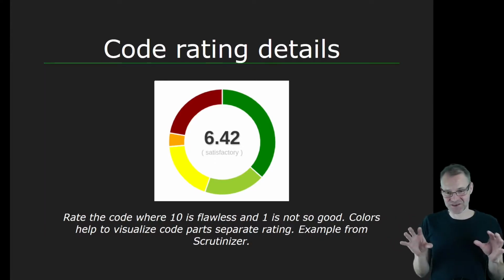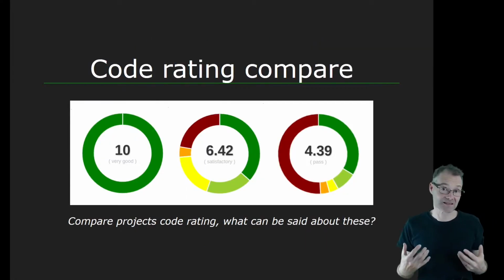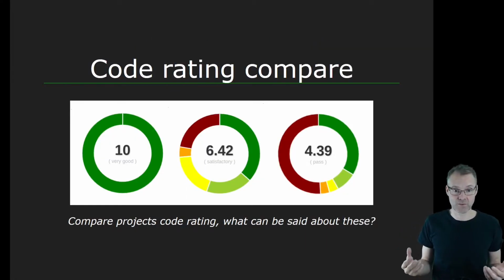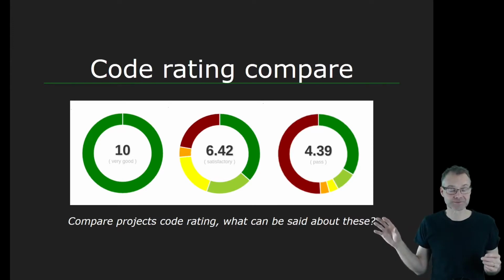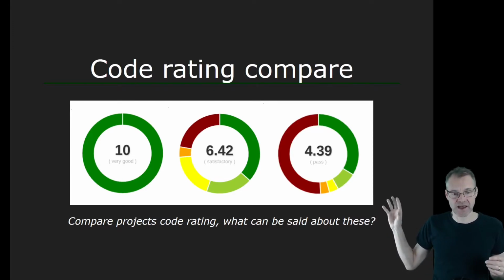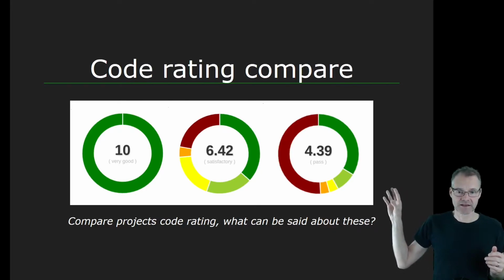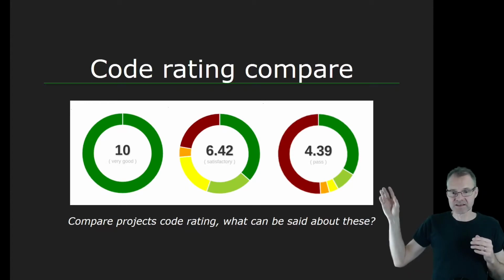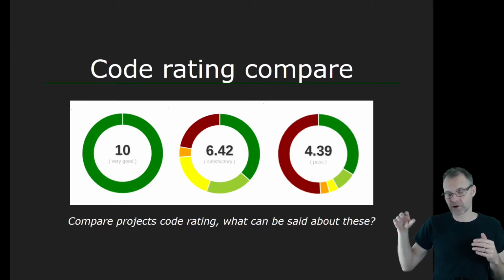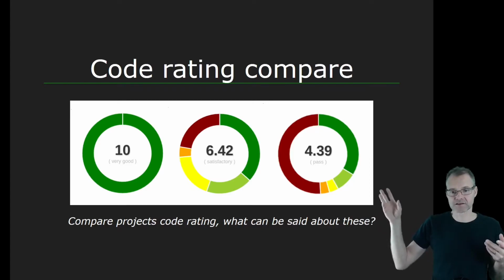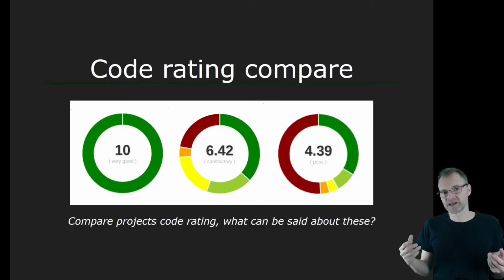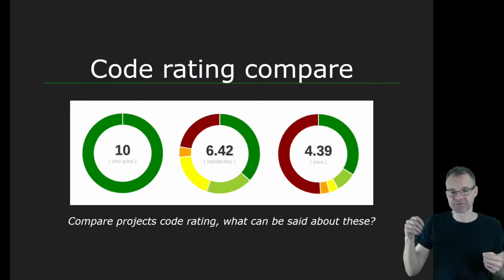So we can put these colors into relation. They tell us a bit more than just the final value. Here we see 10. Every part of that code is pure green. If we take this one, 4, it's saying that half of the methods, half of the classes, half of the code are rated bad. They have the worst grade here.